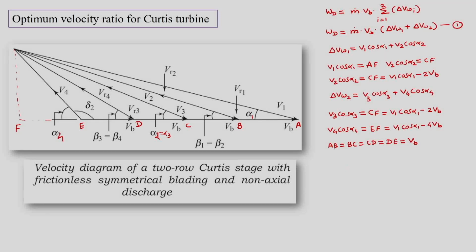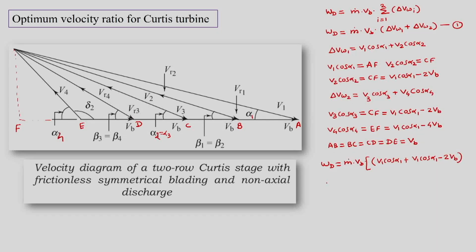Now we can put all these equations into equation number 1, and then we can write m dot into VB into delta VW1, and then this is V1 cos alpha 1 plus V1 cos alpha 1 minus twice VB.